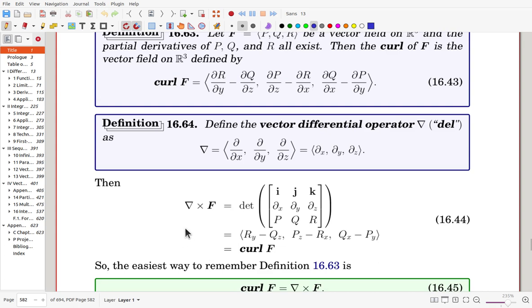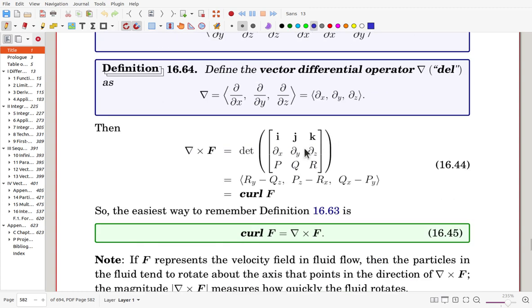Now we will try to get the cross product of del and the vector field. Then it is a determinant of i, j, k, the first vector, and the second vector. Then we can get this output, which is exactly the same as the curl of F.